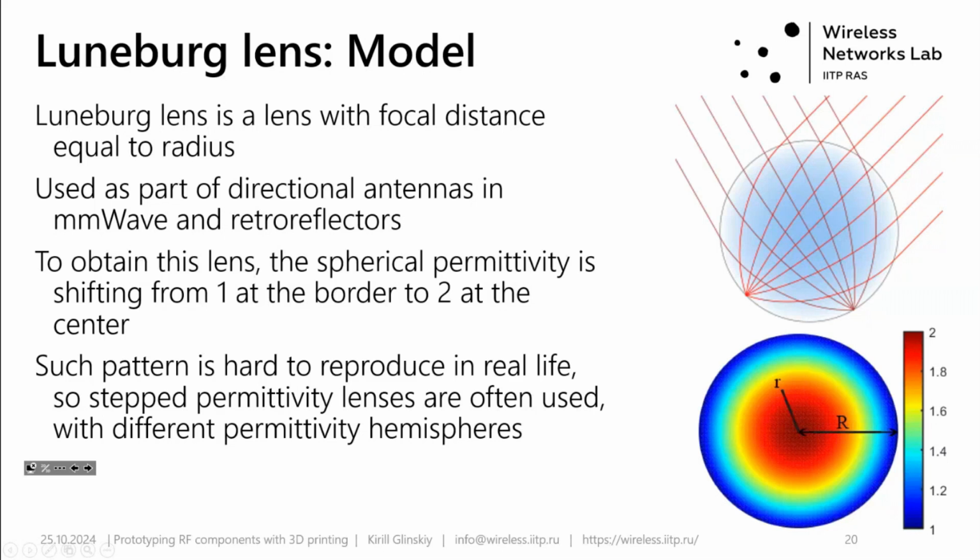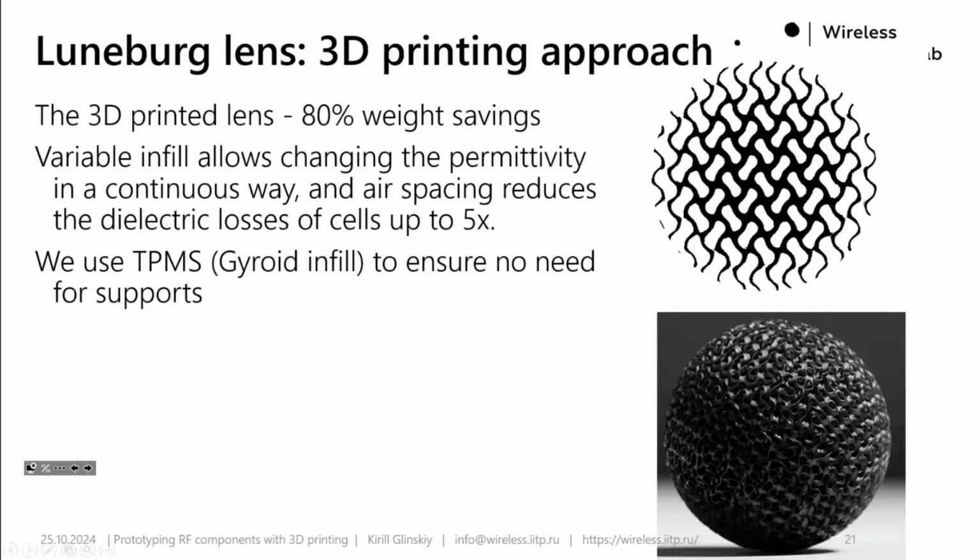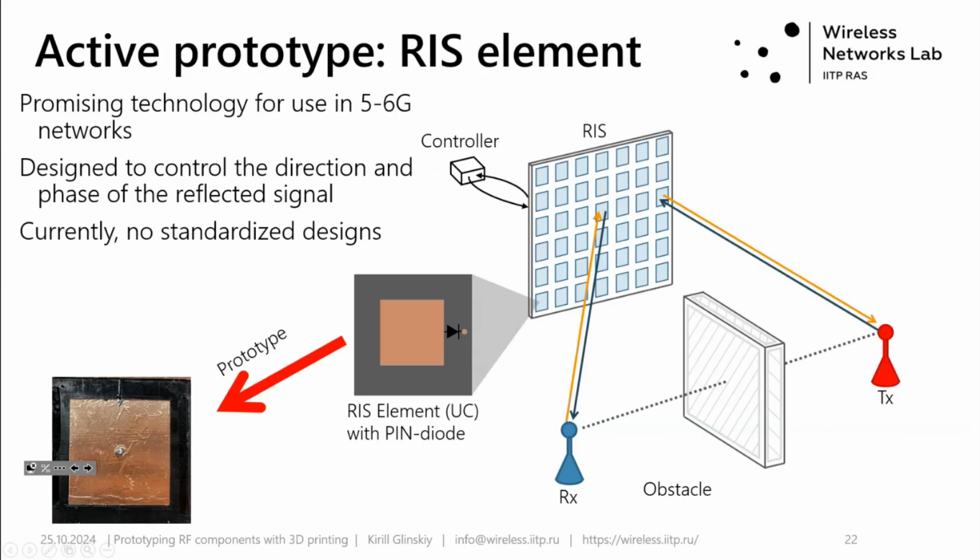For the Luneberg lens, they have been printed previously, but they have not used the support-less in-fill. So it's, I guess, technically partly novel, but we don't claim it; it was just a test of the 3D printing approach and more experience.